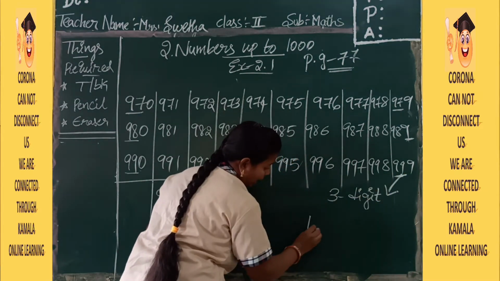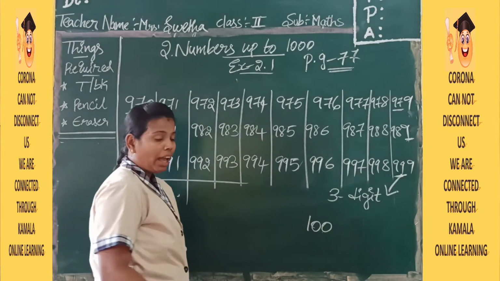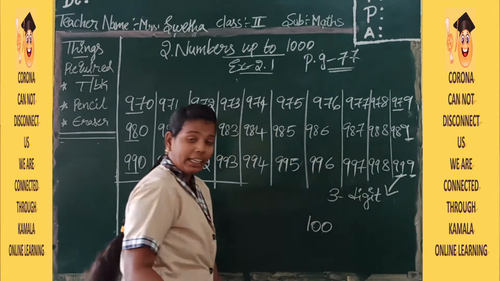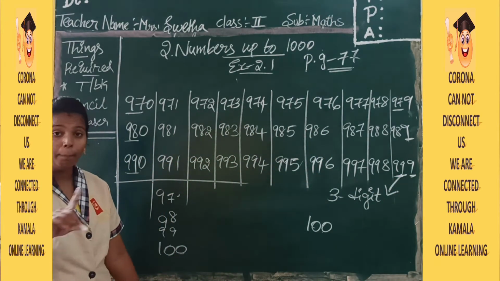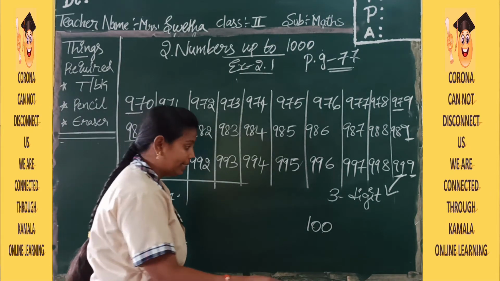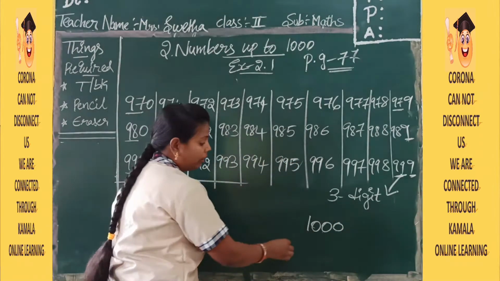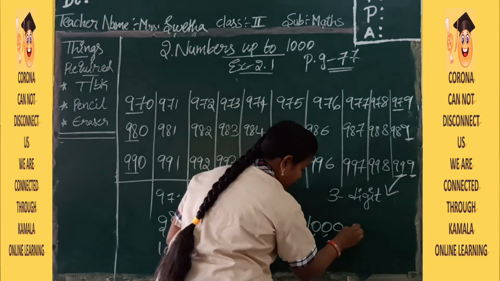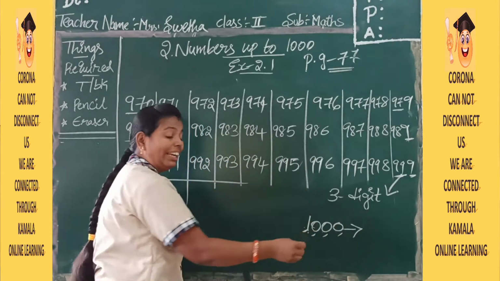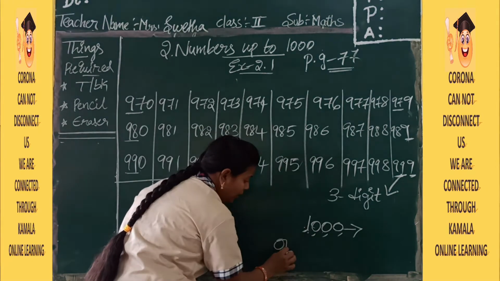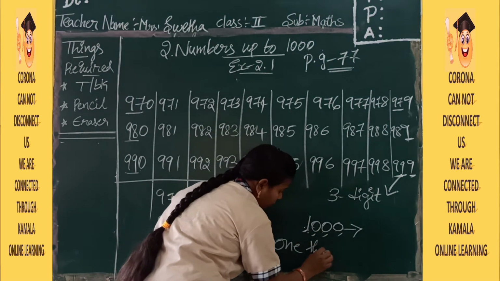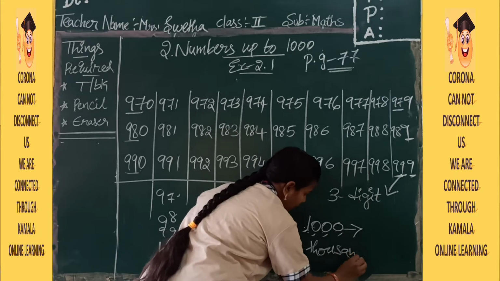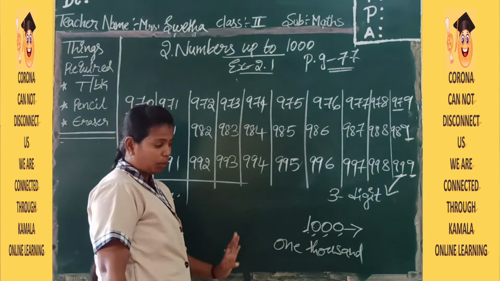After the 9th place, you will have the number 10, but you should not take 10, you should take 0. See here, 1, 2, 3, 4. How many digits? 4 digits. So from here, we will read this number as 1000.